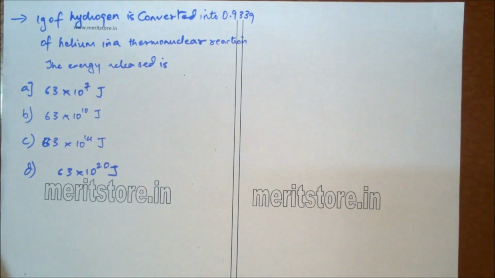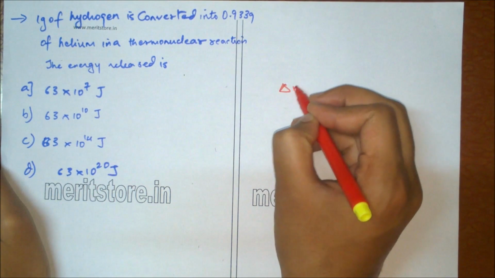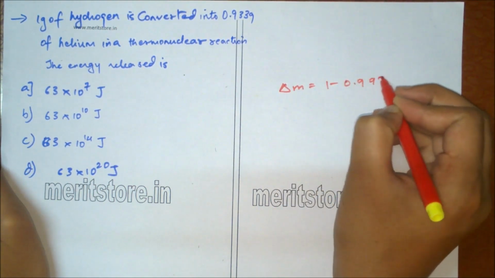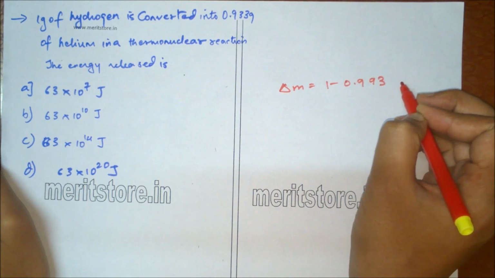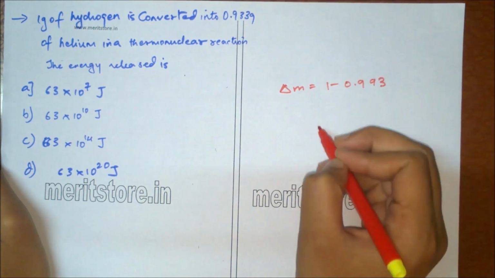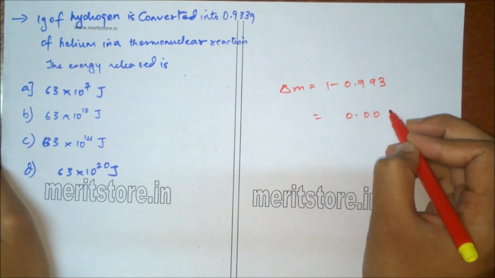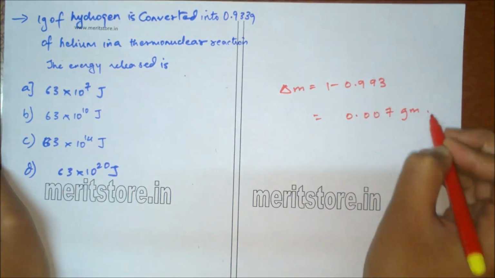1 gram of hydrogen is converted into 0.993 gram of helium in a thermonuclear reaction. The energy released is. So we know that the mass is equal to 1 minus 0.993 approximately. So we are left with 0.007 gram of mass.